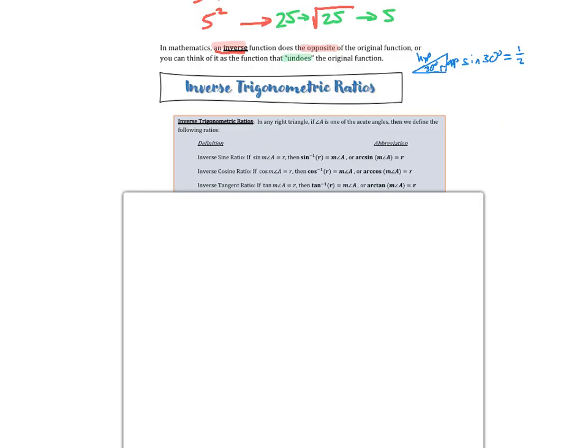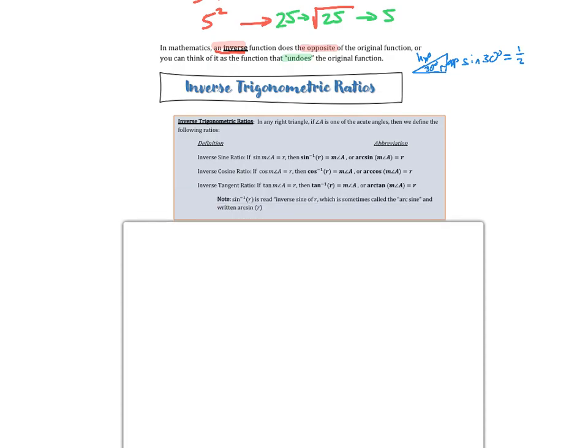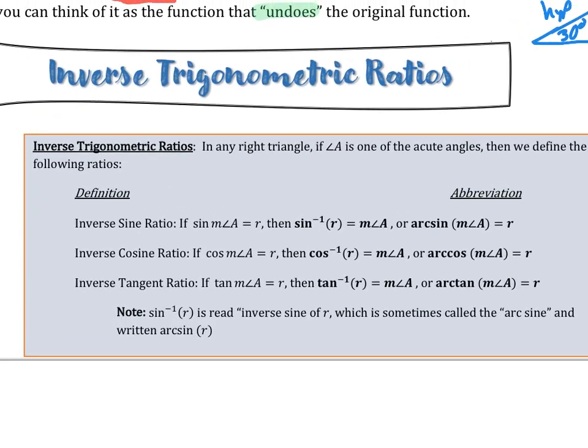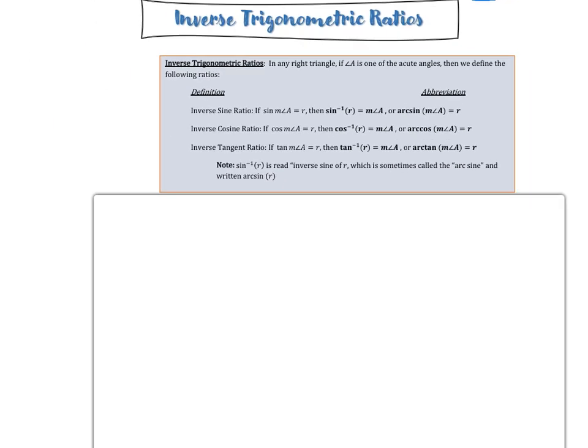So the key here is that the inverse finds the angle, all right? So we read this sine -1 as the inverse sine of R, or sometimes we call it the arc sine. Okay, great.